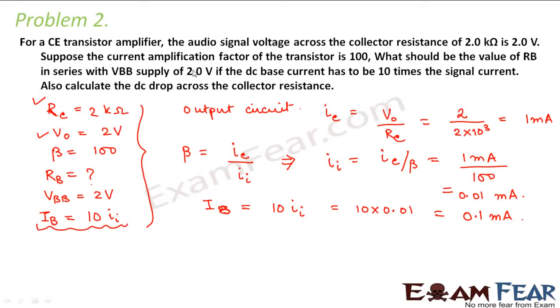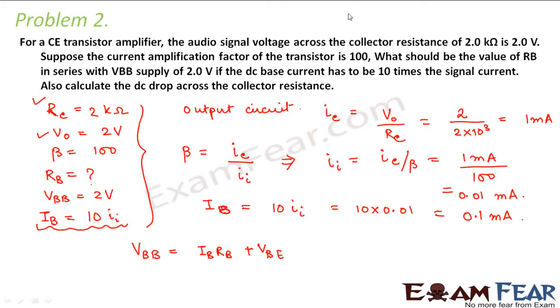Now what all do I have to calculate? I have to calculate the RB, that is the input resistance, and also the DC drop across the collector resistance, that is the voltage drop across the collector resistance. Now once I have calculated this value of IB, Kirchhoff's law applied on the input circuit gives me VBB is equal to IB RB plus VBE. Right?